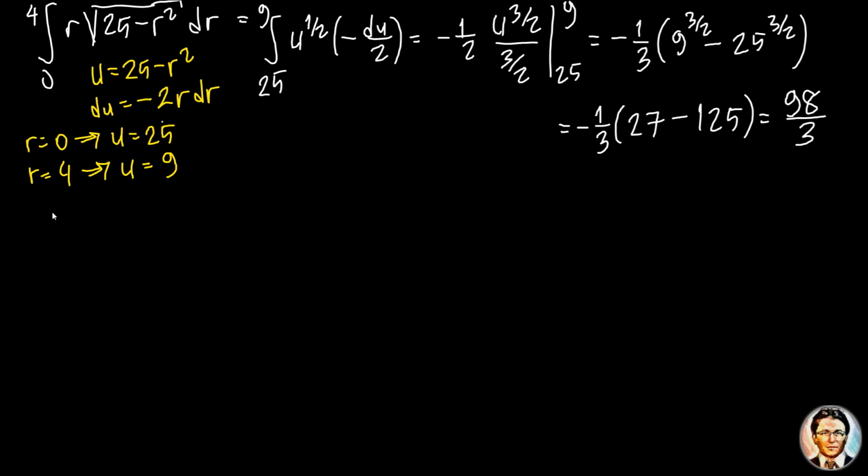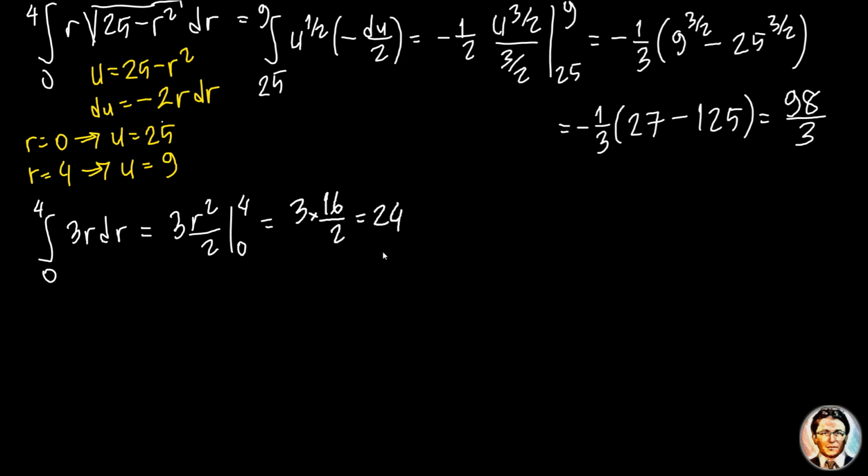What was the other part of the integral? It was 0 to 4, 3r dr, right? So this is going to be 3r squared over 2 from 0 to 4. For 4, it is 3 times 16 over 2, that is 24.